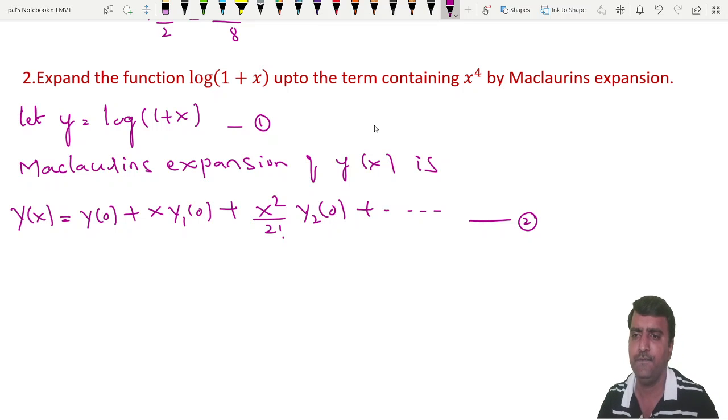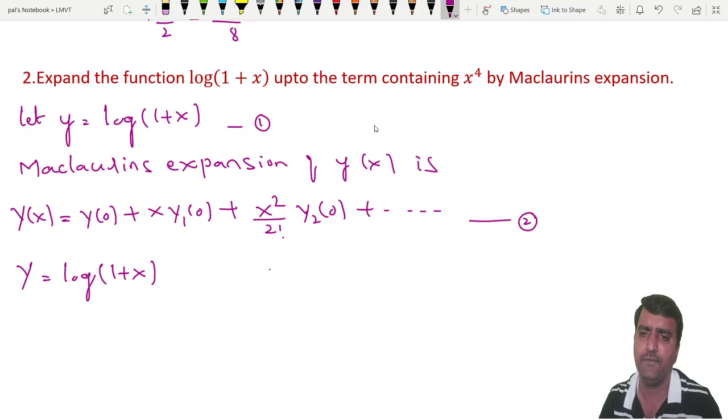Okay, so first take the given function y is equal to log of 1 plus x. So therefore y of 0 is equal to log of 1 plus 0, that is log 1, log 1 is 0.